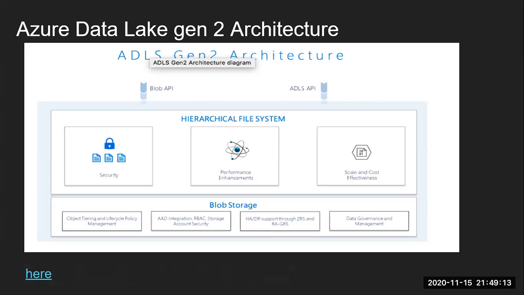So it is all integrated in the file system. To interact with Azure Data Lake, you have 2 API options. Number 1 is the Blob API, and number 2 is the ADLS Azure Data Lake API. Those are the 2 APIs you need to remember to interact with Data Lake.